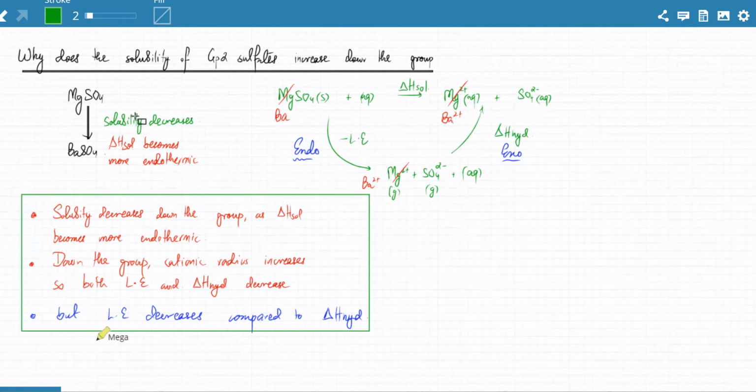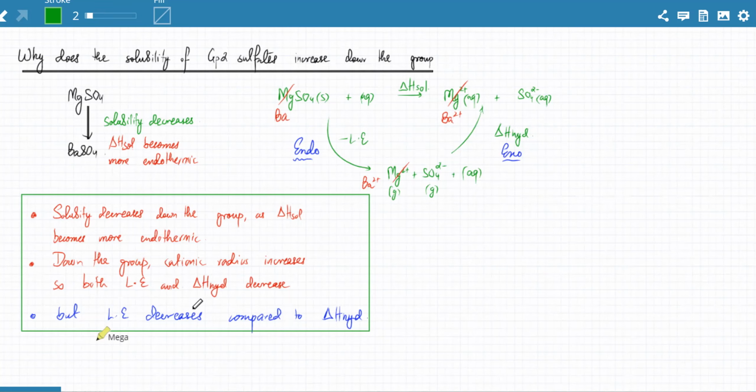Solubility increases down the group as delta H solution becomes more exothermic. And why? Because down the group, both of them decrease, but this time it's the opposite. Lattice energy decreases less.